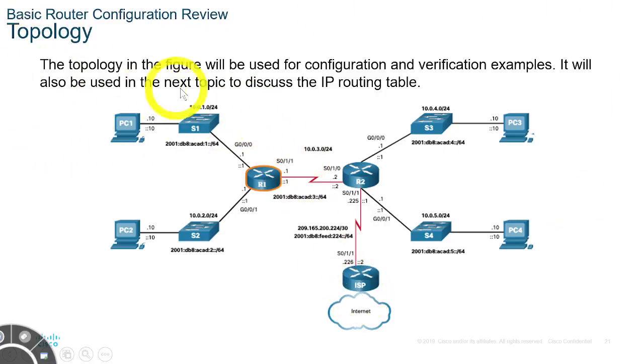We will use this topology and figure for configuration and verification examples. We will use this in the exercises later on. It will also be used in the next topic to discuss the IP routing table.